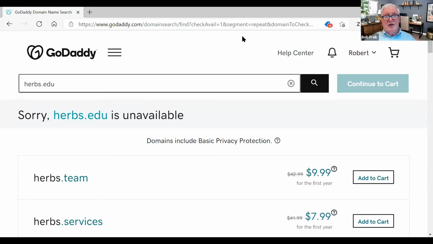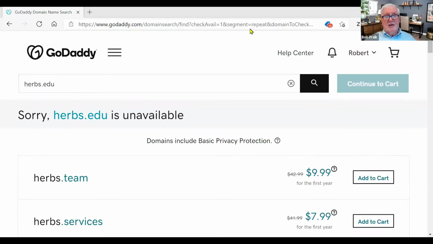So I'm going to stop sharing this now. And we're back to me. So other places that you can store your material online are familiar names like Google Drive. Again, you can do it there. Basically, it's free.